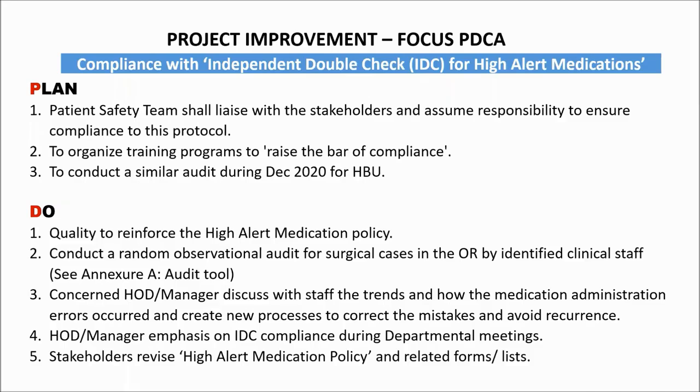In this continuation of the improvement project, we will apply the PDCA tool. PDCA is plan, do, check or comparison, and action, which will conclude the PDCA. So the plan here: the patient safety team shall liaise with the stakeholders and assume responsibilities to ensure compliance to this protocol, organize a training program to raise the bar of compliance itself, and conduct a similar audit during December 2020, which we're just starting for the HPU.